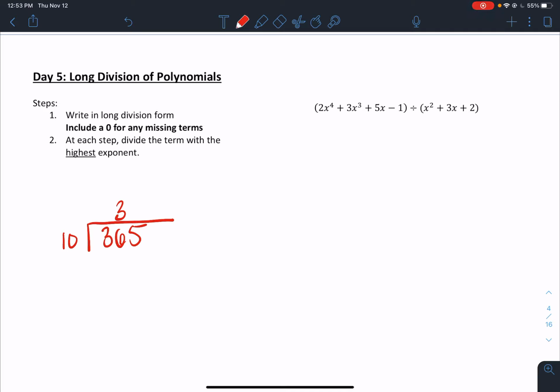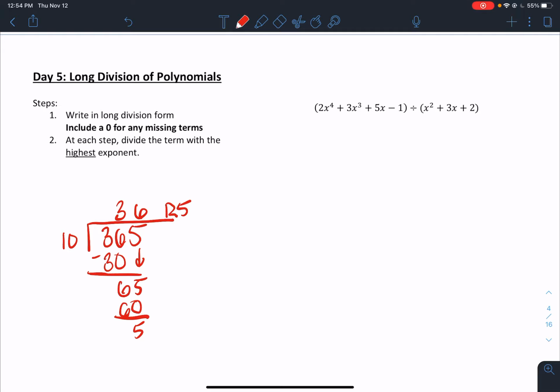Then you do 10 times 3 is 30, subtract, and say 6. You drop the 5, and 10 goes into 65, 6 times, 60. Back in the day, you would stop right there and say 10 doesn't go into 5, there's nothing left to drop, so it's 36, remainder 5. 36 with 5 left over.